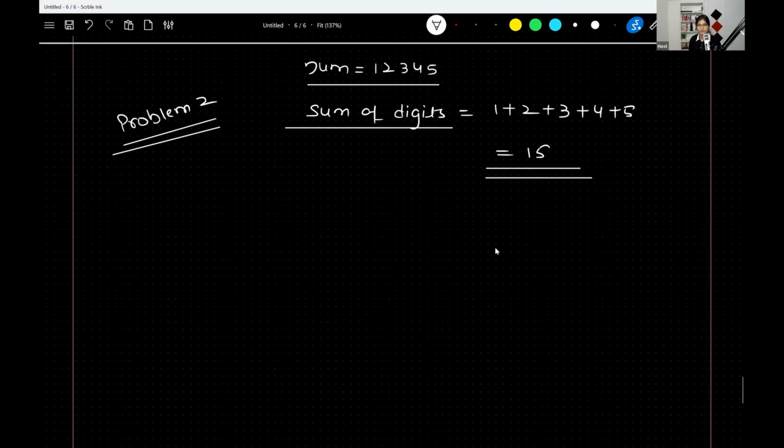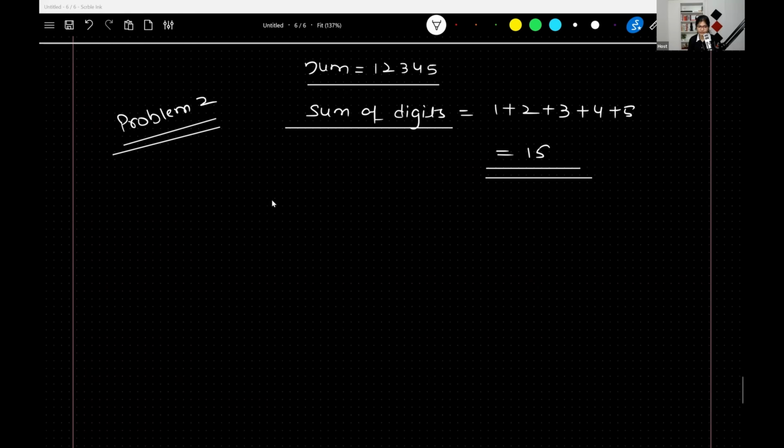How can we solve this problem? So we can take a modulo of 10 and then we just add it to a number. We first initialize a variable to 0, and then we perform the modulo 10 operation, and then we just loop it until the num is equal to 0.